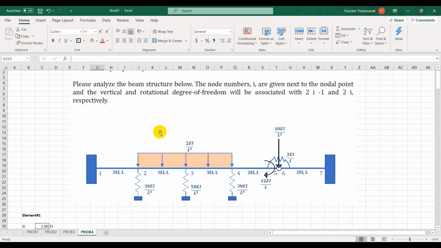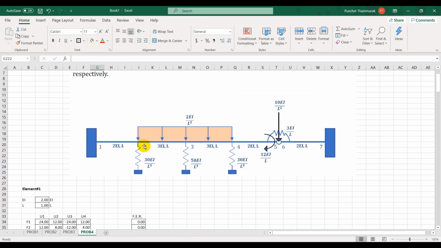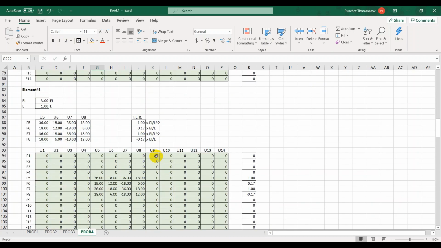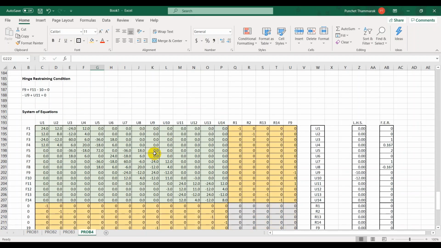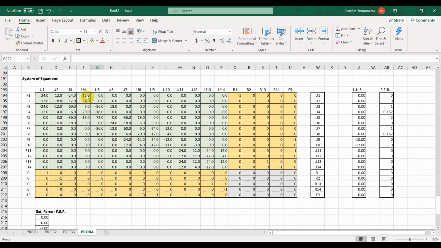We have 3 springs. First spring at degree of freedom number 3, second spring number 5, third spring number 7: 30, 50, 30. So 30 at number 3, plus 30. Number 5, plus 50.